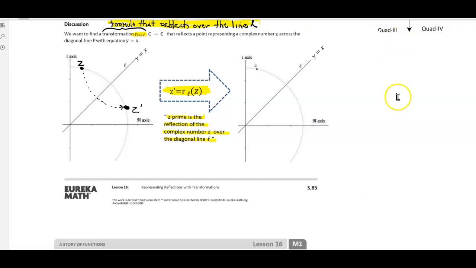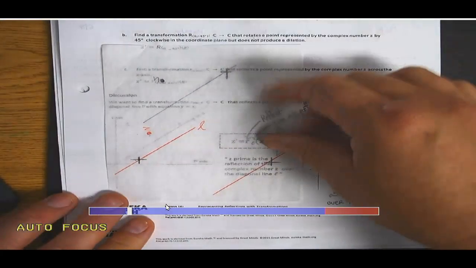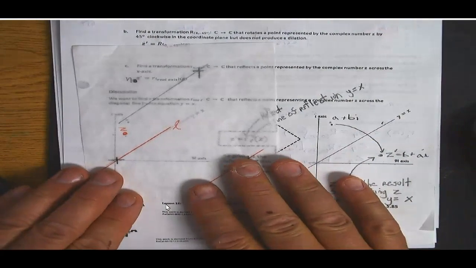Okay, now before we go any further, I'm going to get a piece of tracing paper here. Don't do this with yours yet, because we're going to use it for something else. But this is what I've done here. Let me put it up on the screen. Okay, what we're trying to do is this.